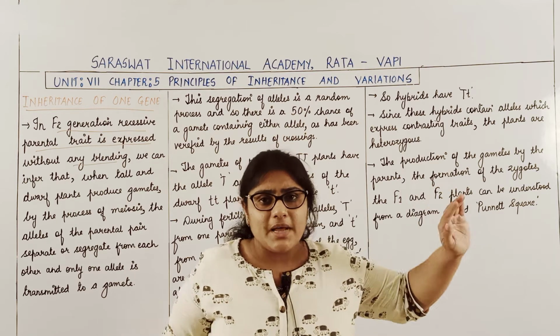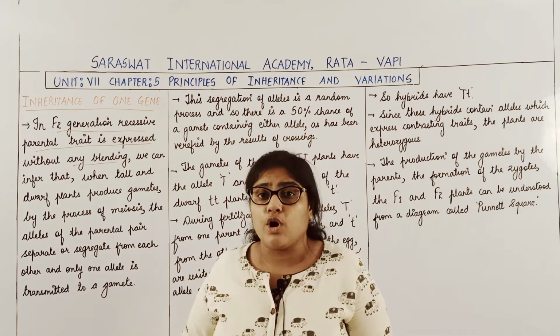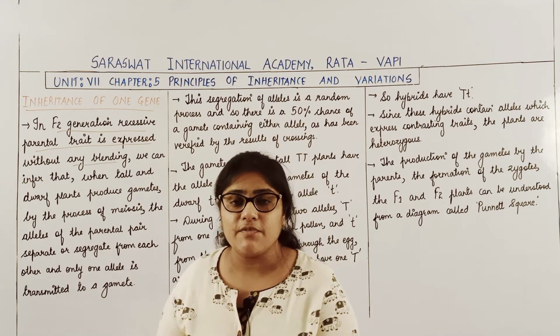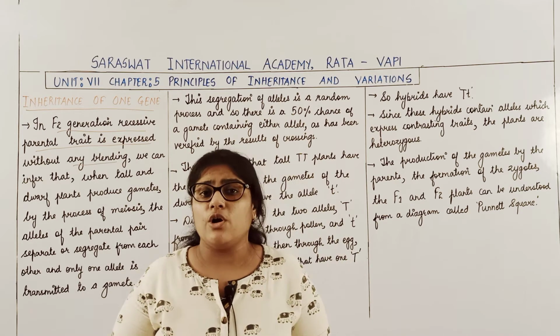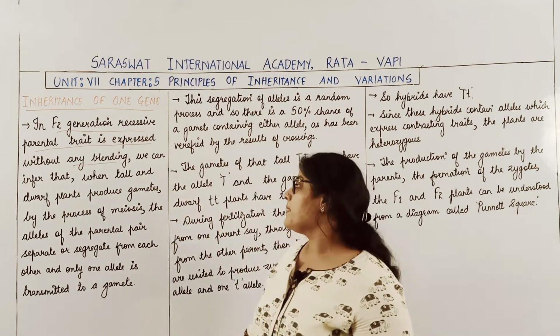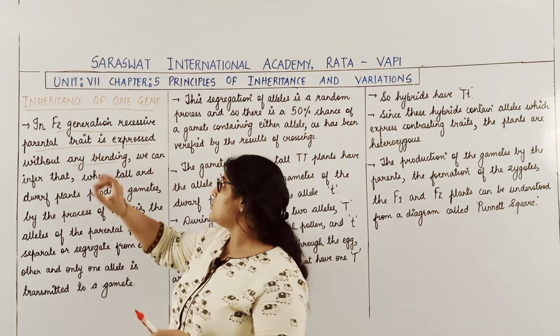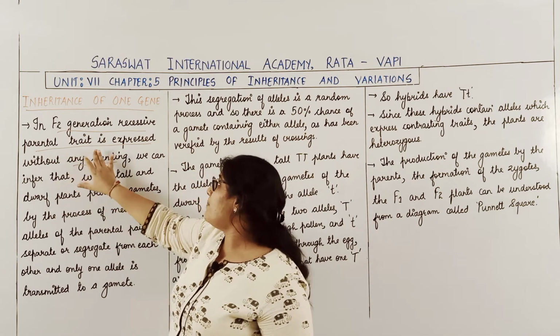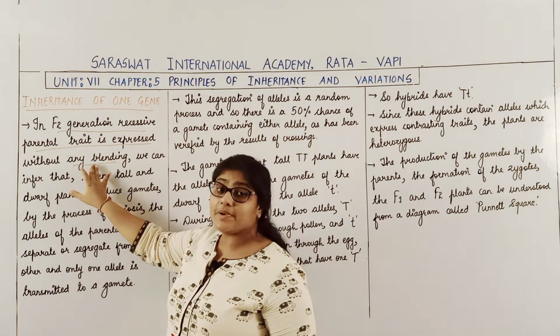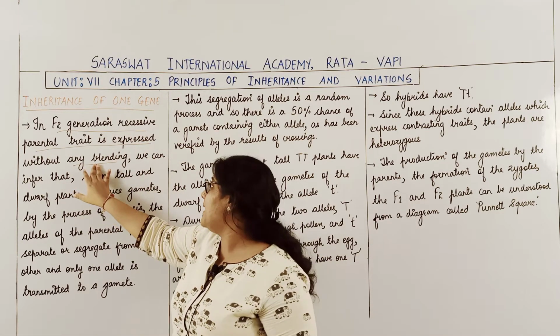Either all the plants were tall or they were dwarf. So students, in the F2 generation, the recessive parental trait is expressed without any blending.